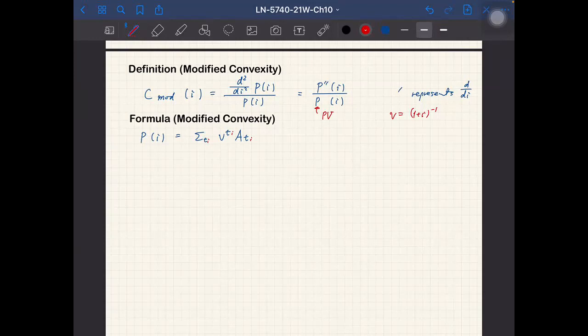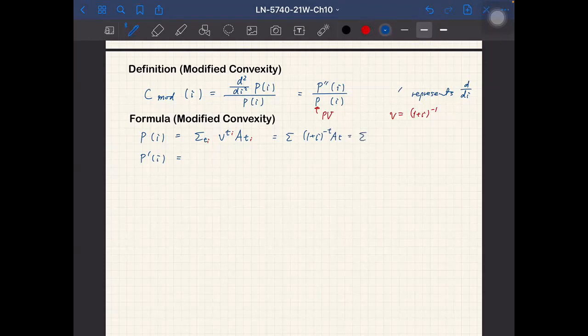What is P prime of i, the first derivative of P with respect to i? At first we can see that v to the power t is (1 plus i) to the power negative t, times A_t.